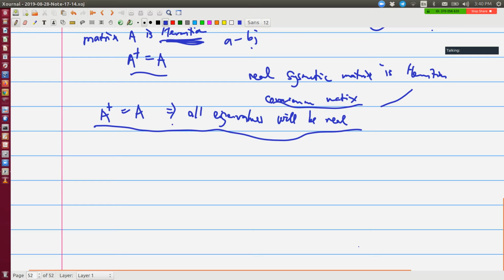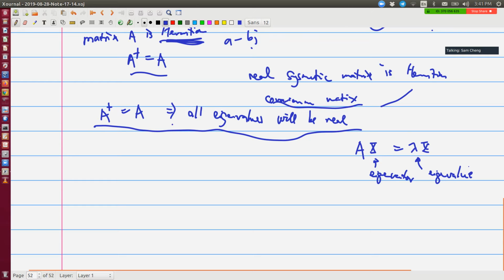Just a reminder about eigenvalues: if you have some matrix A and some eigenvector x, and it turns out that A times x is equal to some lambda times x, then lambda is the corresponding eigenvalue.